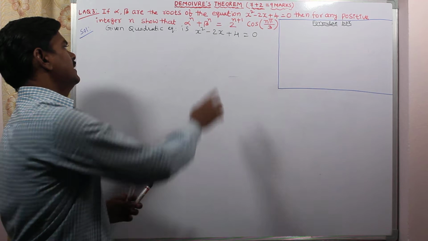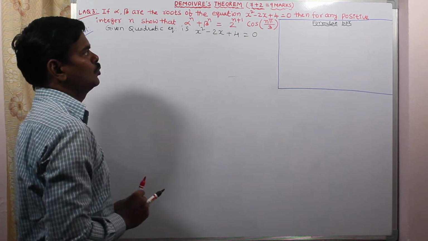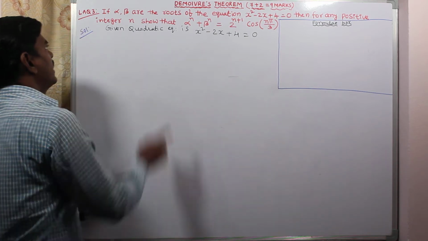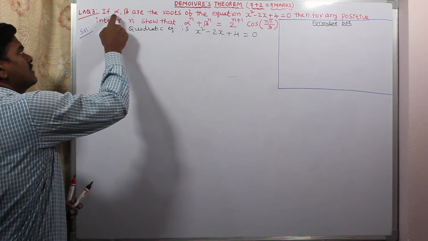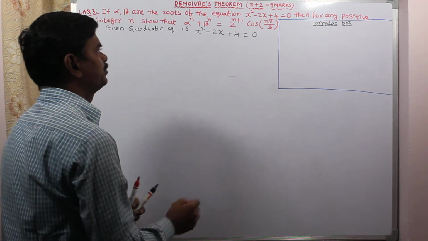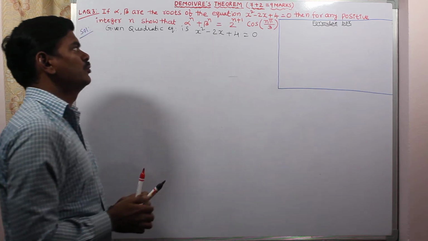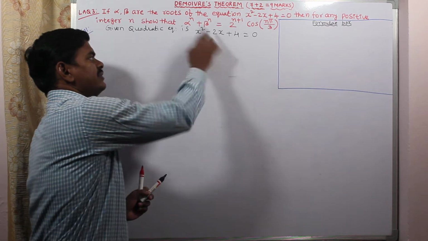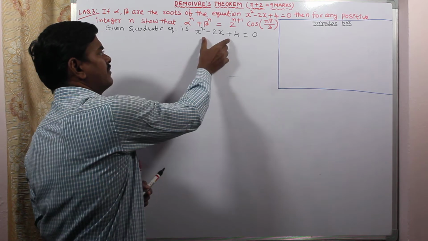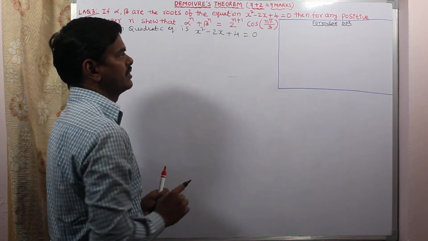As you know already, every quadratic equation will have two roots. The names of the two roots are given as alpha, beta. By using one of the two methods, either the factorization method or the formula method, we can find the roots of this quadratic equation.